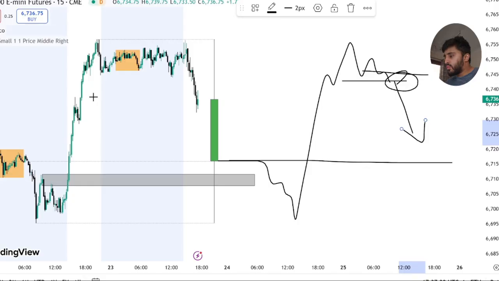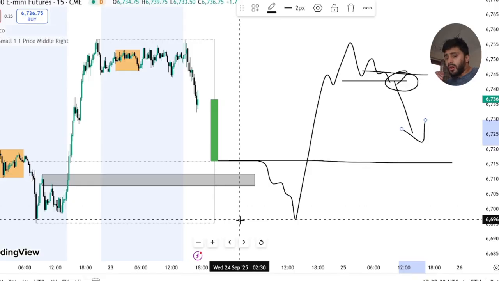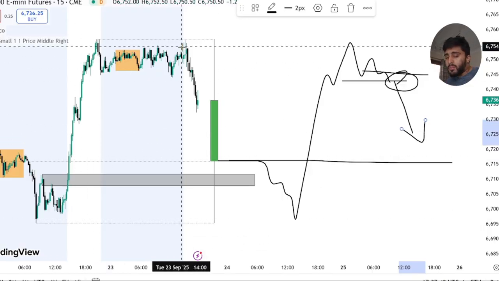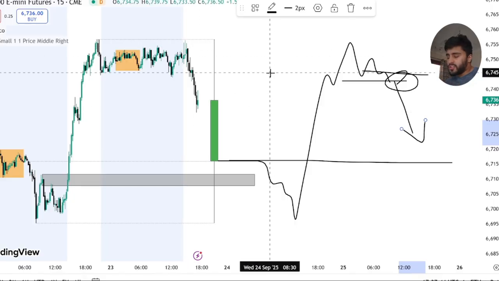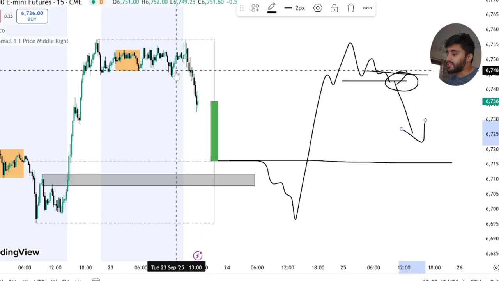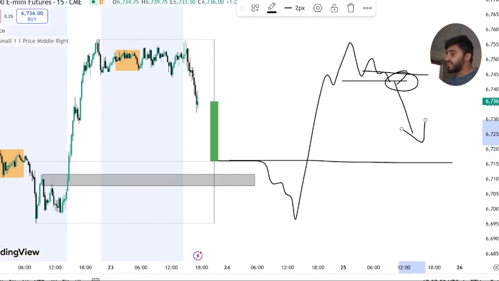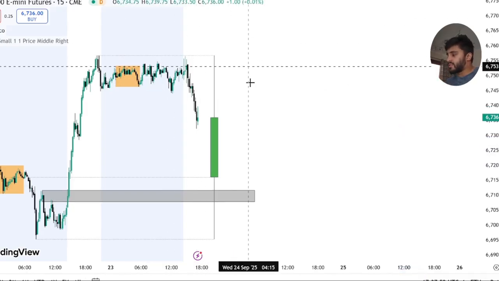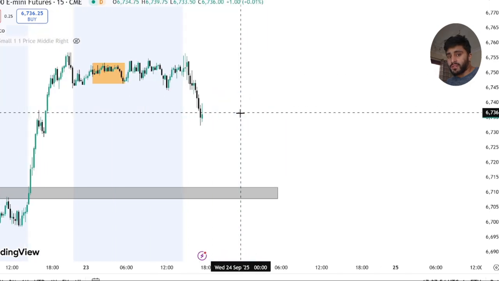A quick tip about the weekly PO3: the further away you are from the weekly opening price, the stronger the weekly PO3 becomes. The further you are above the weekly opening price, the more likely your sells are to play out. If you're looking for an A plus sell trade, having it above the weekly opening price, in this case over here, was a significant advantage. That's quickly how I was looking at the PO3.